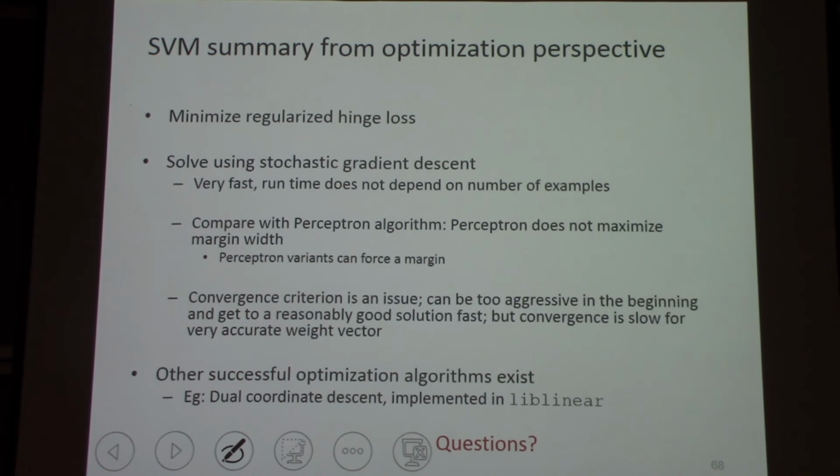Questions? Yes? You just mentioned that convex optimization theory does not care about the learning rate. So if we choose a very large learning rate, does everything miss the optimization? It still cares about the learning rate, because the learning rate should be positive, not summable, and square summable.